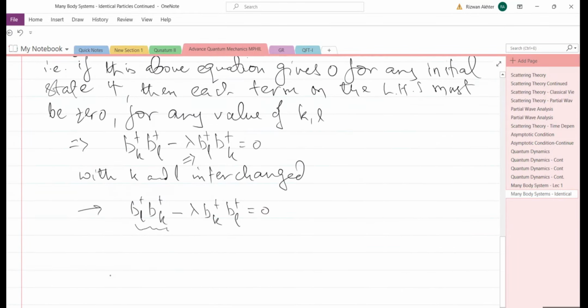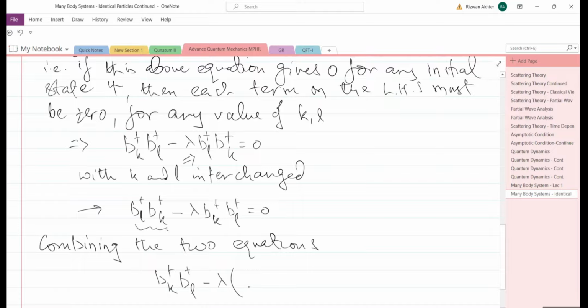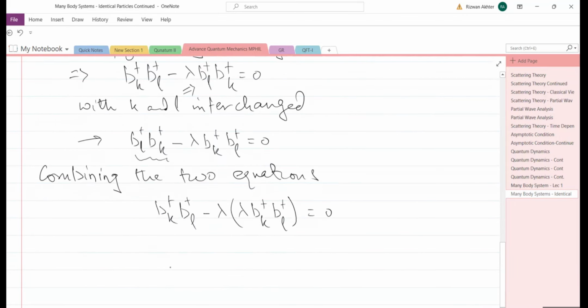Combining the two equations, what we would get: b k dagger b l dagger minus lambda into lambda b k dagger b l dagger equals to 0, or you could write b k dagger b l dagger minus lambda square b k dagger b l dagger equals to 0.